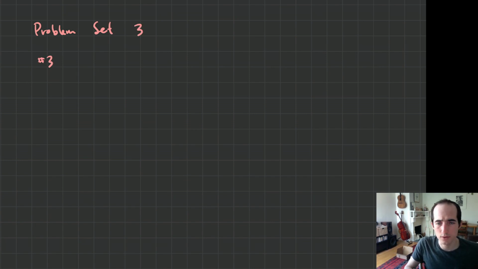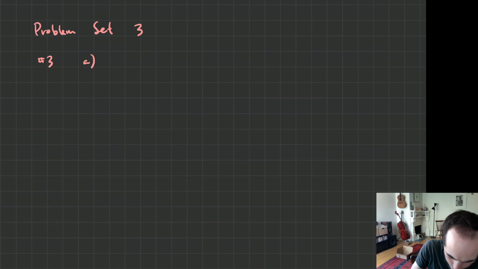So what was that question? This is problem set 3. I'll do number 3, and I'll start with just a few of the more straightforward ones. So 3a, we're just being asked what's sine of 0 degrees.